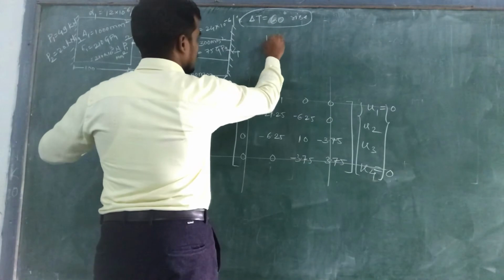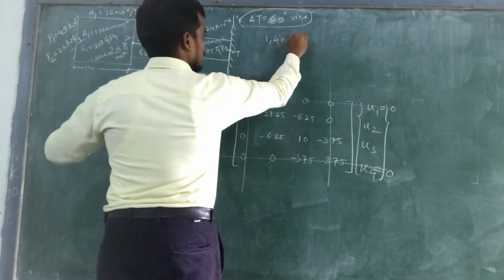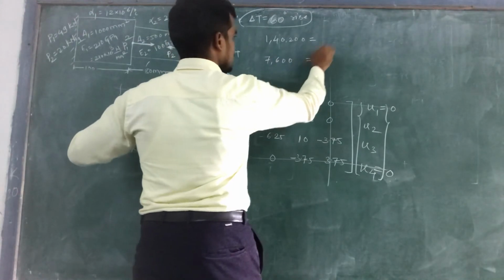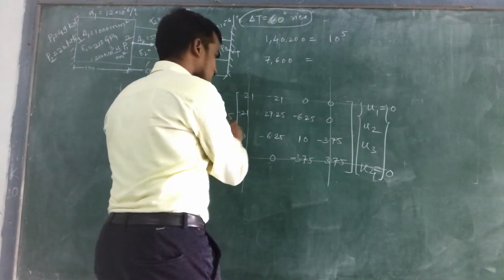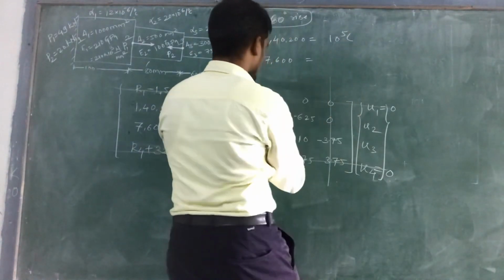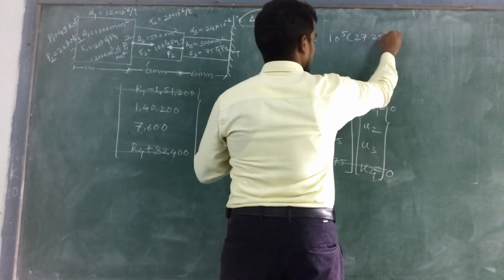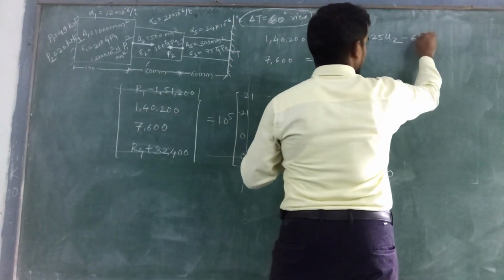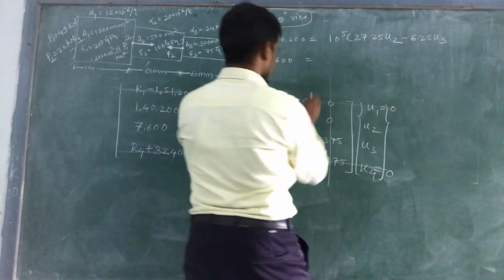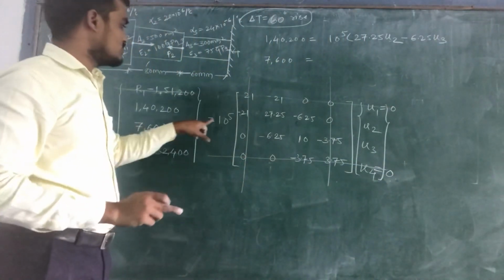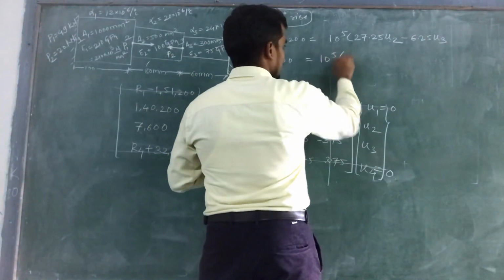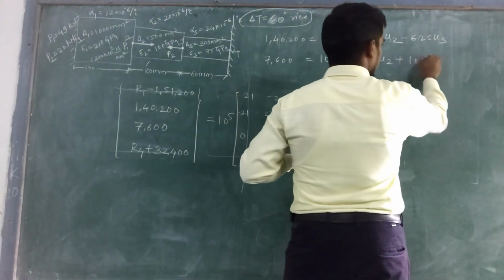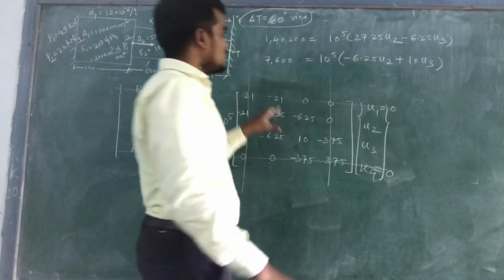So write down these two equations. 1,40,200 is equal to 10 raised to the power 5 into 27.25 times u2 minus 6.25 times u3. Similarly, 7,600 is equal to 10 raised to the power 5 into minus 6.25 times u2 plus 10 times u3. So in this way you will get these two equations.